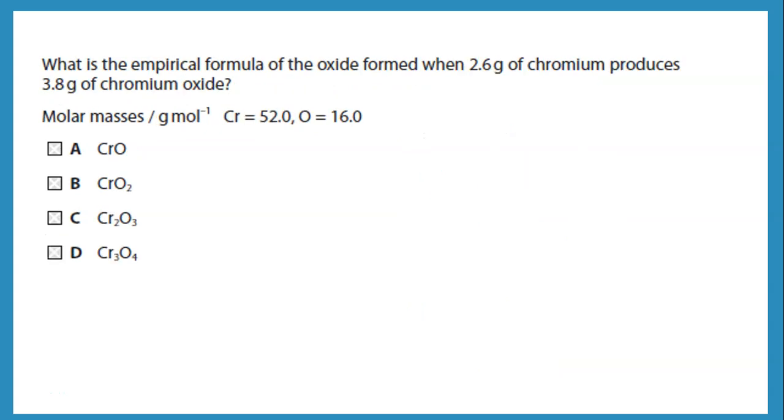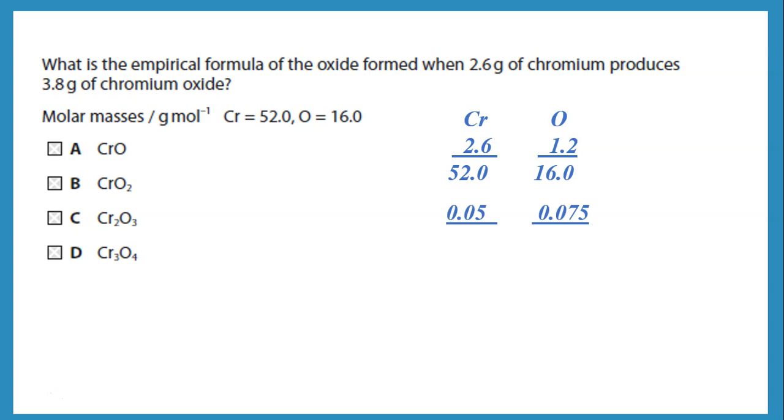Again, what is the empirical formula of the oxide formed when 2.6 grams of chromium produces 3.8 grams of the chromium oxide? That means the chromium is 2.6. What about the oxygen? It is the rest of the 3.8. So oxygen is 1.2. Again, divide by the mass number, which is already given.